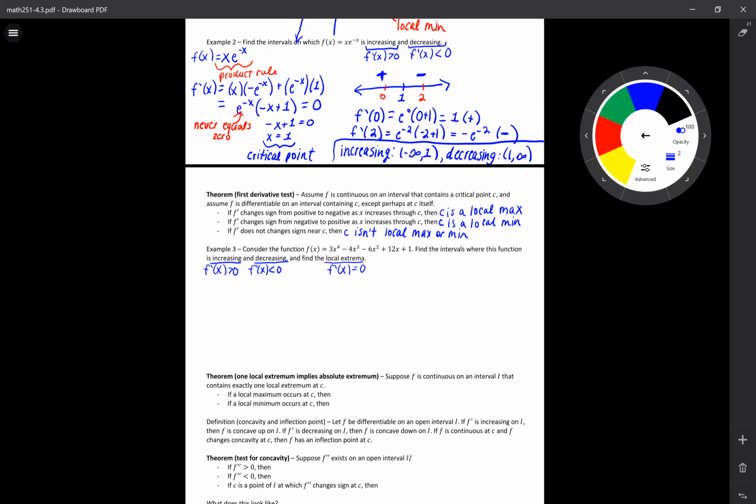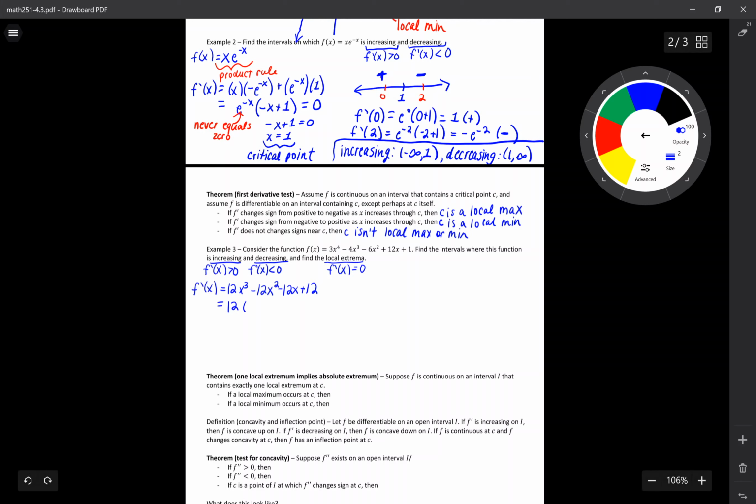So, taking the derivative using the power rule gives me f prime of x equals 12x cubed minus 12x squared minus 12x plus 12. Lots of 12s. Well, obviously from here I can factor out a 12, right?